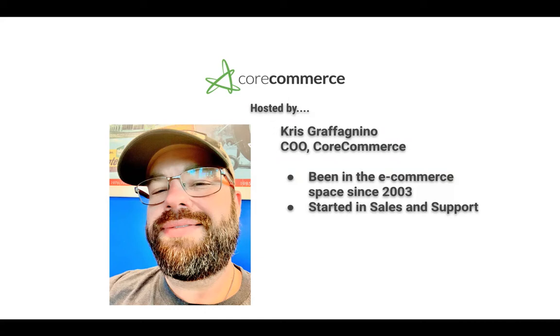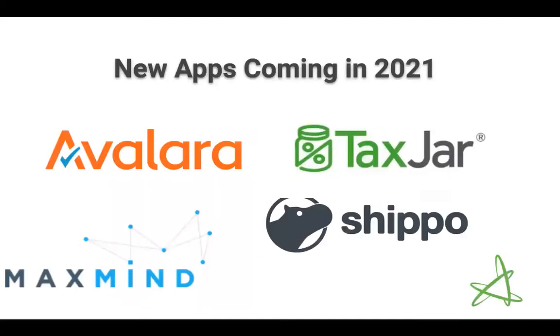With that said, the next screen that you're seeing now are some of the things that we plan on adding in the first and second quarter of 2021. Hopefully, all of these in the first quarter of 2021. That's the current goal.